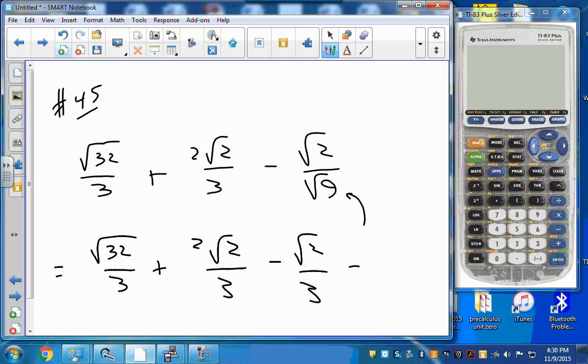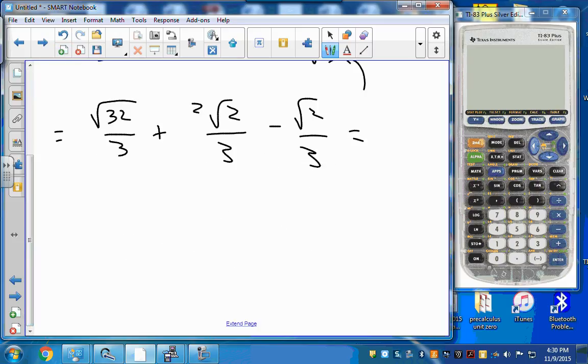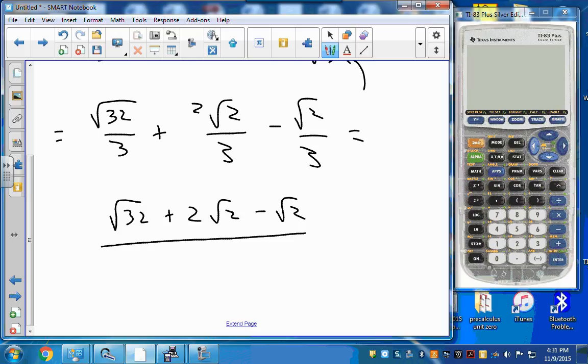So right off the bat, because they all have a common denominator, I can add them up. And I can write this as the square root of 32 plus 2 square root of 2 minus the square root of 2, all over 3. Just looking at these two, I've got two of them there, take one away. So I have the square root of 32 plus 1 square root of 2 over 3.